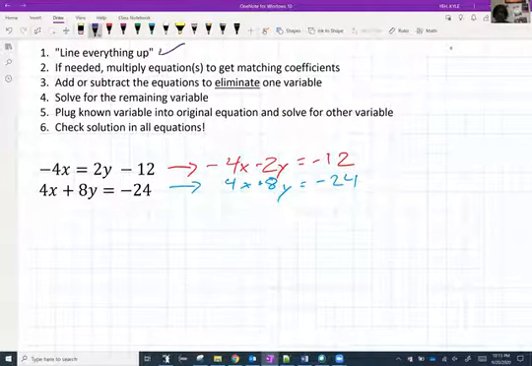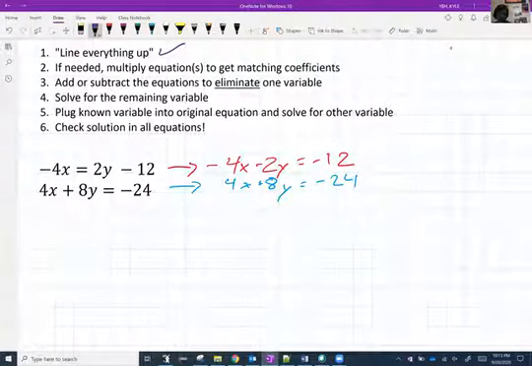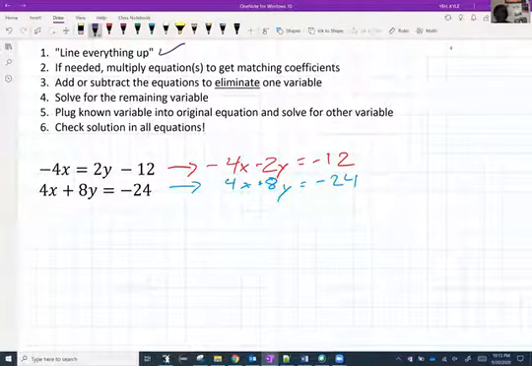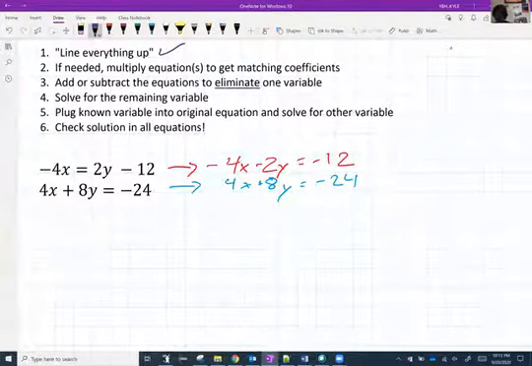Now, step 2 says, if needed, multiply an equation or multiple equations to get matching coefficients. That's actually not necessary in this problem. But what does that mean? For elimination to work, we need to have 2x's and 2x's in my two equations, or 6x's and 6x's, or even 5y's and negative 5y's.